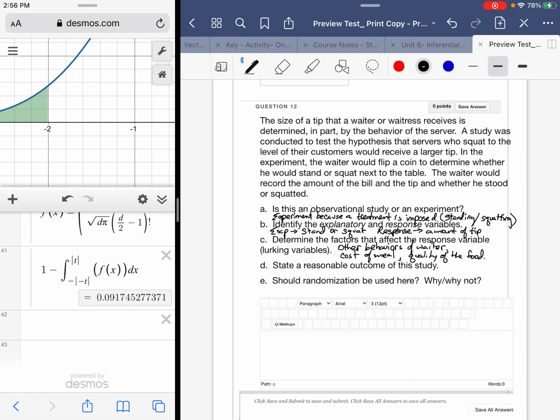A reasonable outcome of this study would be the more instances of eye-level communication would lead to greater tip, with the instances of eye-level communication being the squatting.